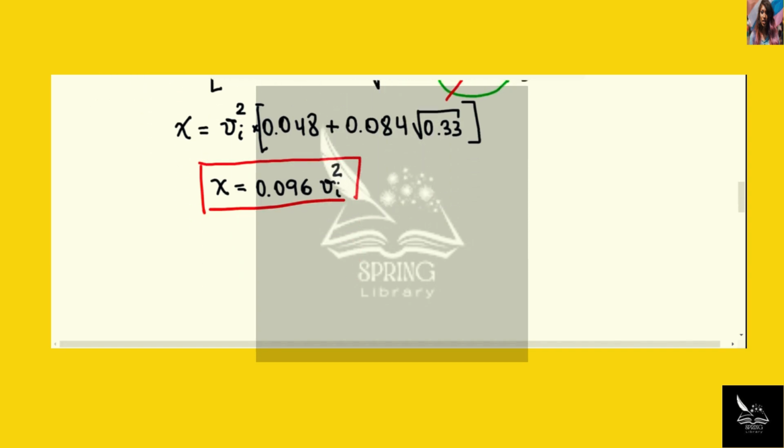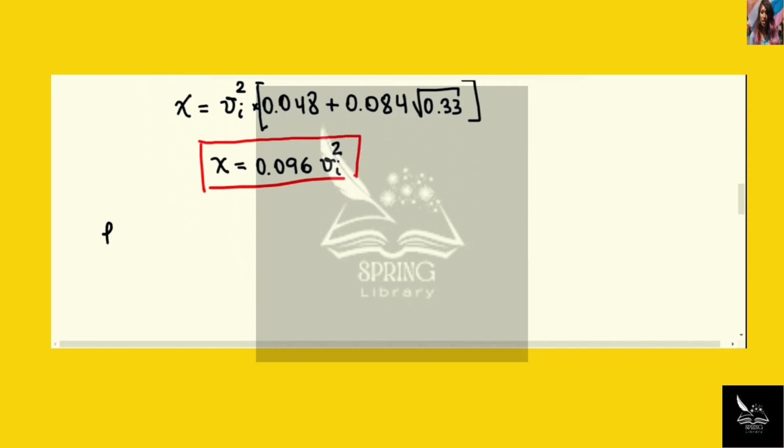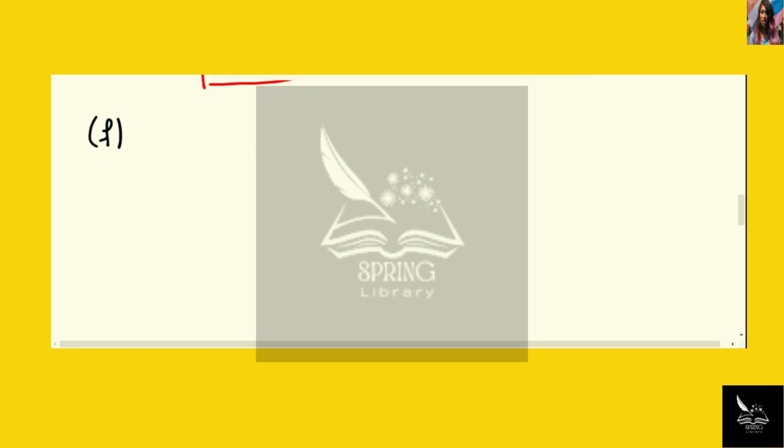And in question F, we have to plot an approximate graph for the function x as a function of v. So let's sketch it. We have x here as a function of vi. Notice that for vi very small, the x is a linear function of v, so it's going to be just a line.